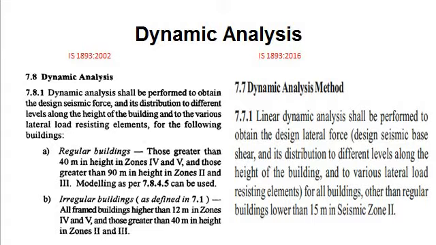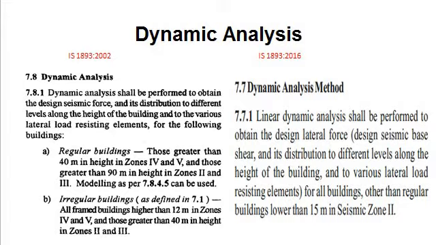But in the case of irregular buildings, all framed buildings higher than 12 meter in zones 4 and 5, and those greater than 40 meter in height in zones 2 and 3.